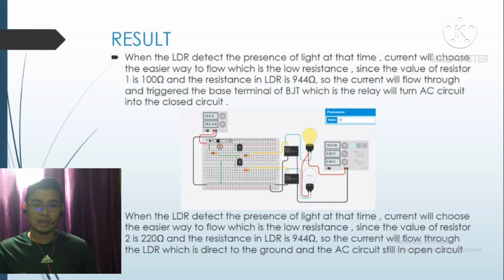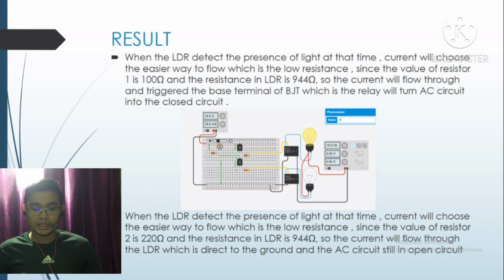Additional information: the resistance in the LDR is not exactly 944 ohm. If we look at the flow, it will face resistor 1 first, and by the time it goes from resistor 1 to resistor 2, the resistance of the LDR will decrease, which is maybe an effect from the resistor itself or the environment.